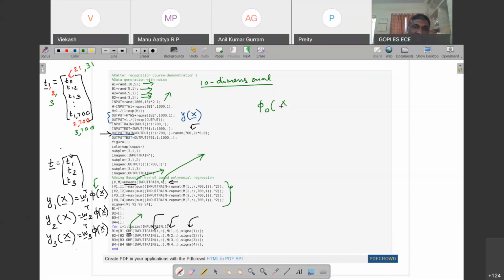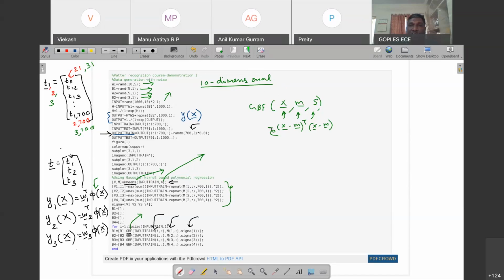If you give it the vector x, the mean m, and s, it will directly give you e power minus x minus m transpose into x minus m. In this case, it is a scalar quantity.